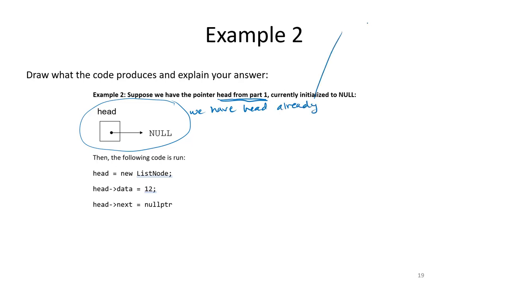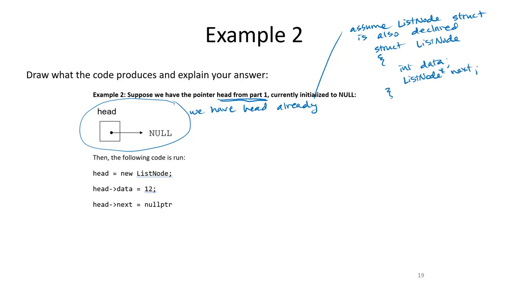And we should also assume that the list node struct is also declared. So let's go ahead and write that. We'll assume that the list node struct is also declared. All right, so we have that head pointer of list node type currently pointing to null.